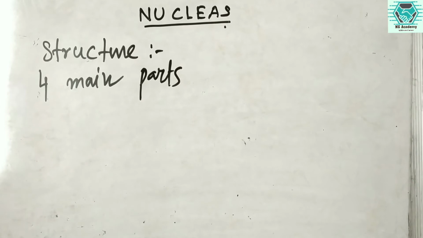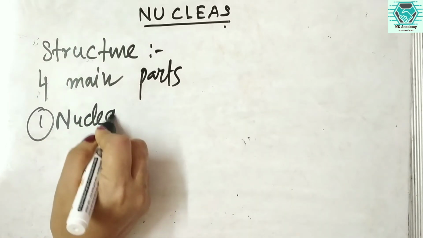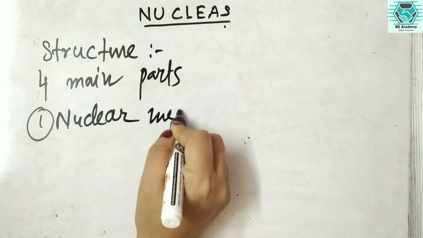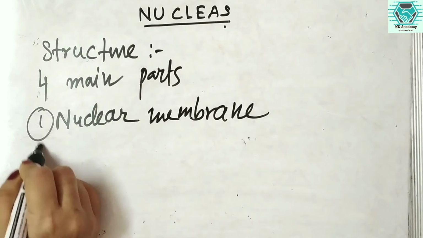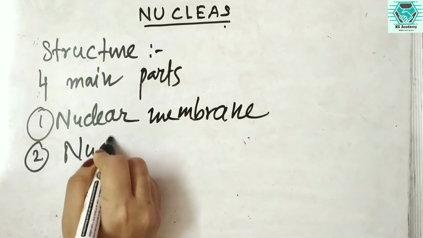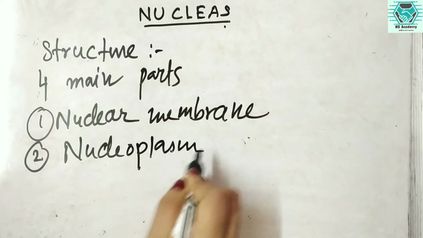When you go through the structure of nucleus, there are four major parts. Number one is nuclear membrane. Number two, nucleoplasm.